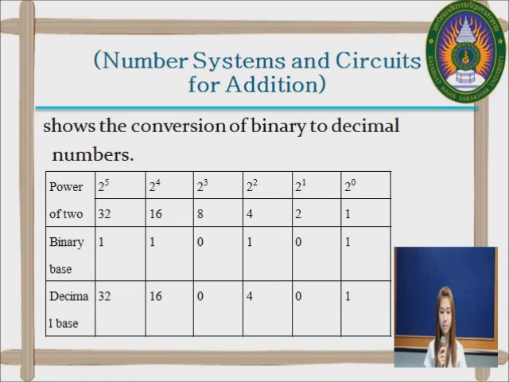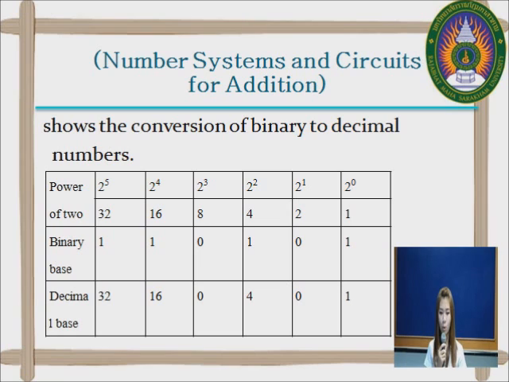Showing the conversion of binary to decimal numbers. Power of 2: 2 to the power of 5 equals 32. Binary digit 1, decimal value 32. Power of 2: 2 to the power of 4 equals 16.